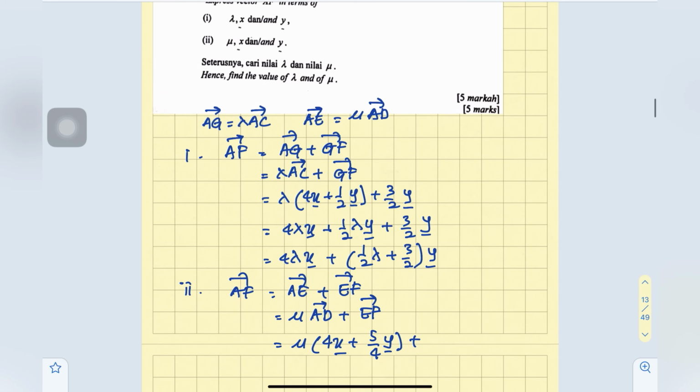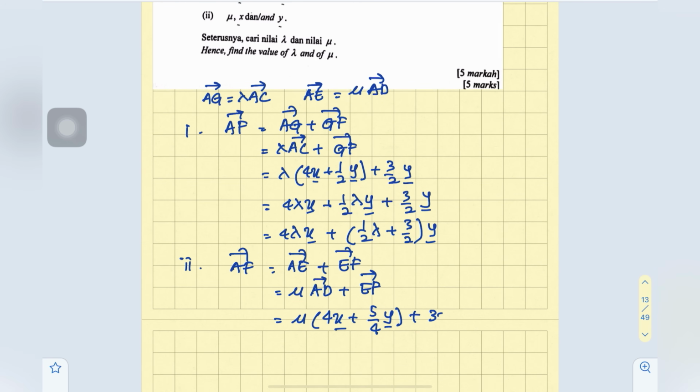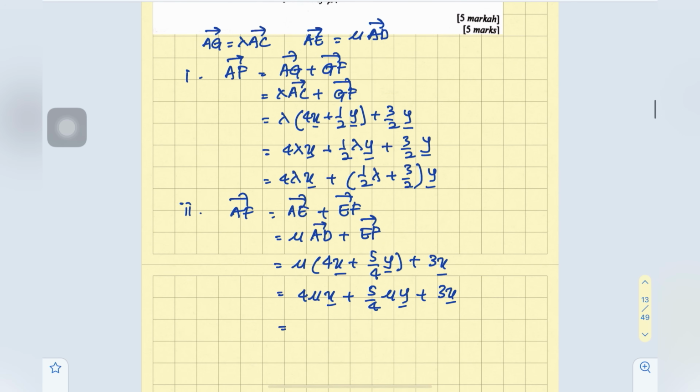So, plus 3x. Okay, so kita buka the big bracket ni. So, kita dapat 4 mu x tambah 5 over 4 mu y plus 3x. Okay, so kita simplify. This one dapat 4 mu plus 3 x plus 5 over 4 mu y.